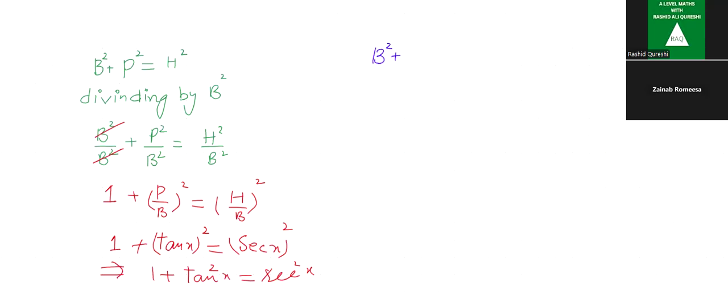Now you have to divide by p square. What will you get? b square by p square plus p square by p square equals h square by p square.